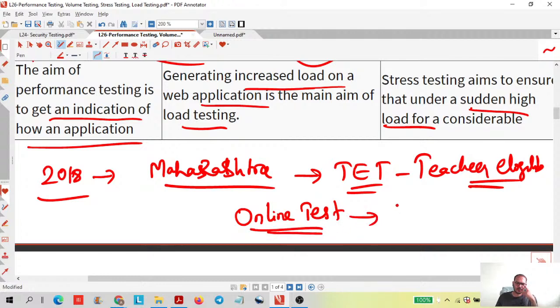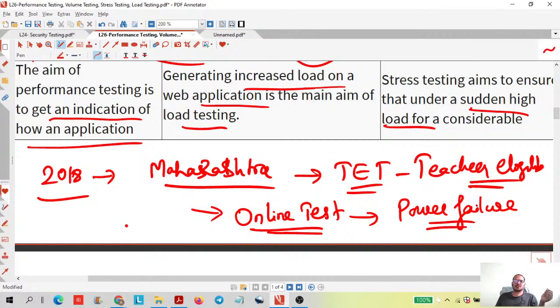Due to power failure, the people restarted their systems almost 2 to 3 times.